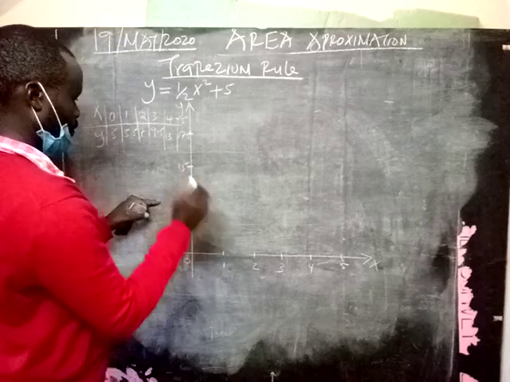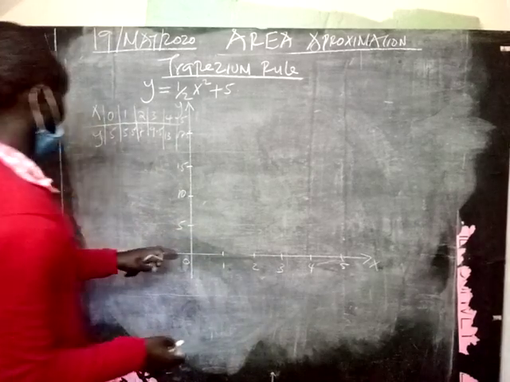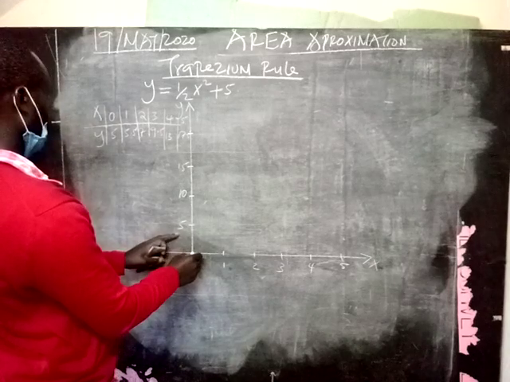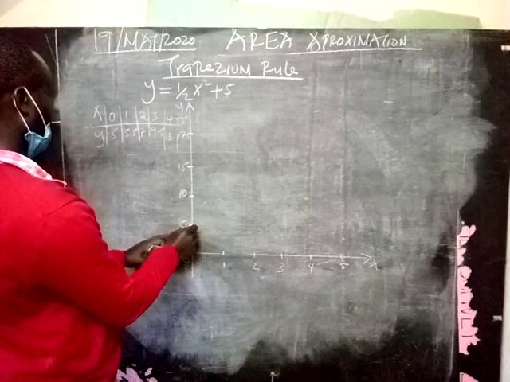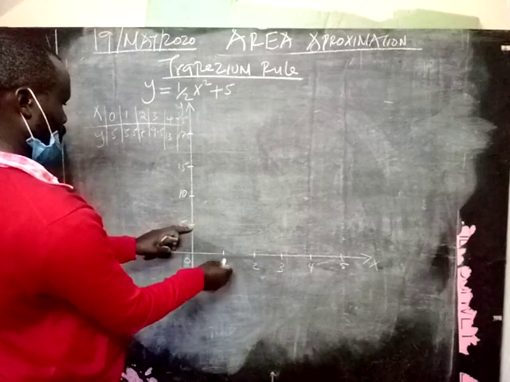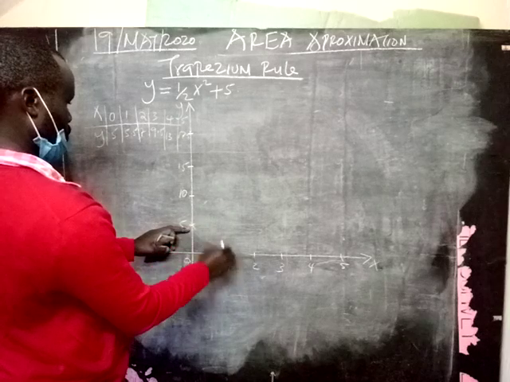At 0 we have 5, meaning starting from here. Then we move to 1, which is 5.5.